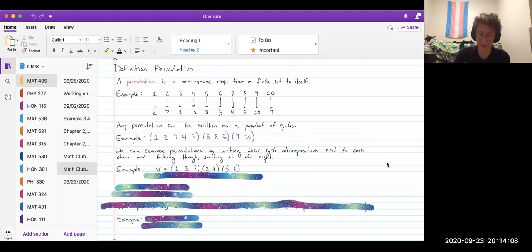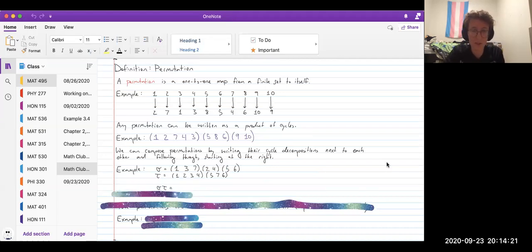So I'll give an example of that. Let's take these 2 permutations for now. Sigma is the one you see there, tau is this other one, and now let's find the composition sigma tau.